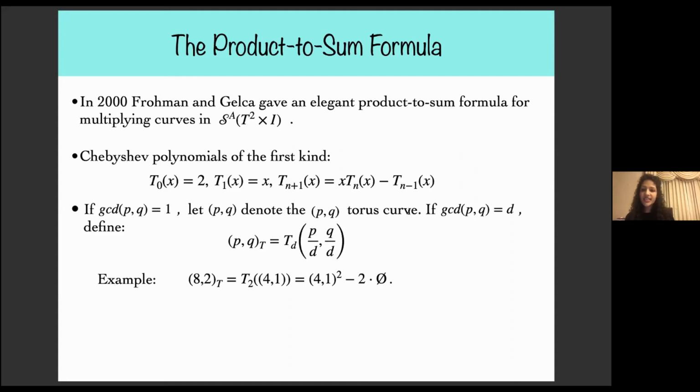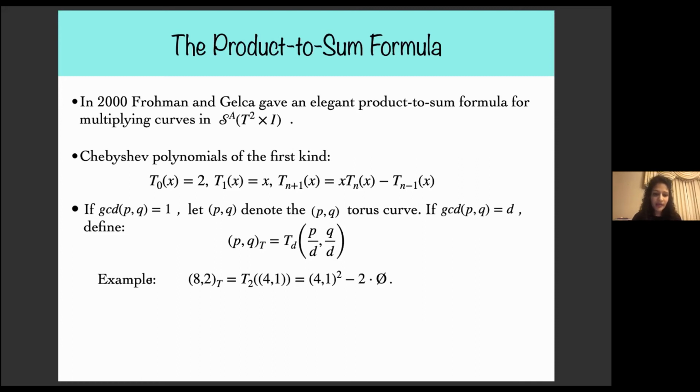Now, if the GCD of p and q is some number d, which is not necessarily 1, then you define (p,q)_T to be the dth Chebyshev polynomial in the variable (p/d, q/d). So what you've done is replace the variable of the Chebyshev polynomial with the (p/d, q/d) torus curve.